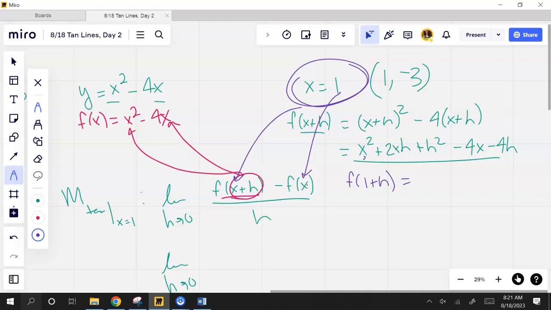Are y'all following with me, or do I need to go back to the beginning? Okay. So 1 squared plus 2h plus h squared minus 4 minus 4h. I just threw a 1 in there for every x, which would give me negative 3, 2h plus h squared minus 4h.